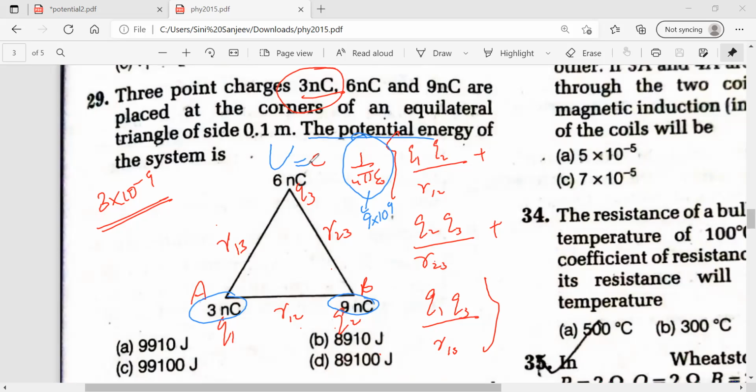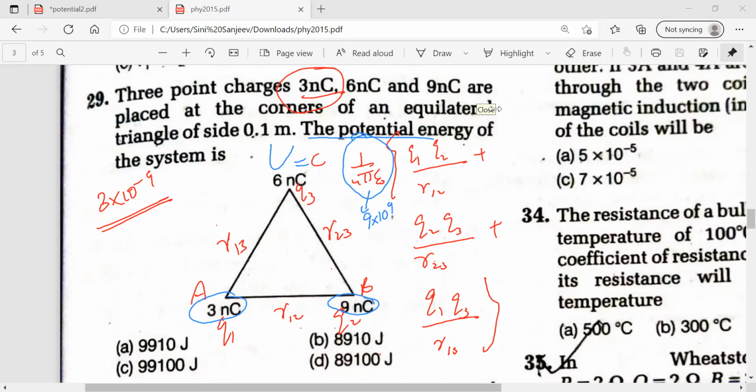Kindly do fast. Let's see who does it first. Even if the answer is wrong, I don't care, but kindly do fast. We'll just do a simple substitution here. Yes.